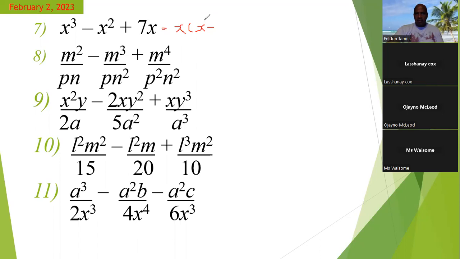X into X squared will leave you with just X. And X into 7X would leave you with 7. All right, so from this we have 7. All right, very good. Everybody got this one correct? Let me see your hand.